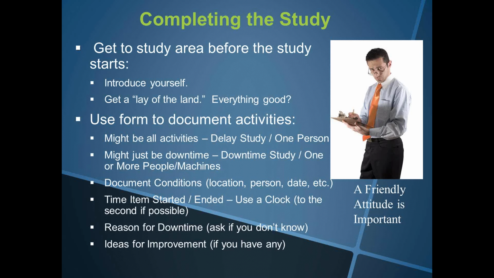For downtime, we're only dealing with those downtime occurrences, the time it went down and the time it went up, and from that we can calculate the duration of the downtime. In a delay study, every time some new activity starts, we note when it started, and from that we can calculate how much time they spent doing various things. Again, I'll show that to you in a second.